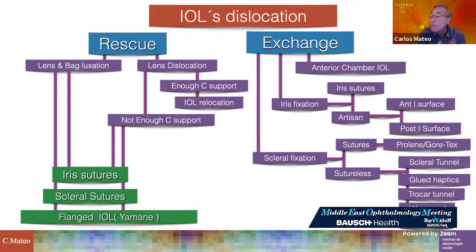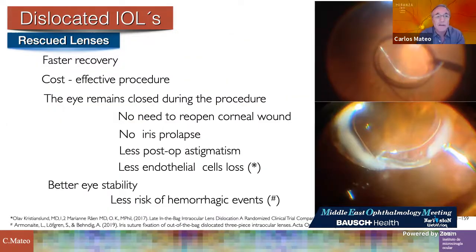I'm going to speak about three techniques I use when I have to deal with patients that have dislocated IOLs. Why do I prefer to rescue these lenses? First, because you have a faster recovery time. It's a cost-effective procedure. The eye remains closed during the entire procedure, and you don't need to reopen the corneal wound, no iris prolapse, less postoperative astigmatism, and less endothelial cell loss.